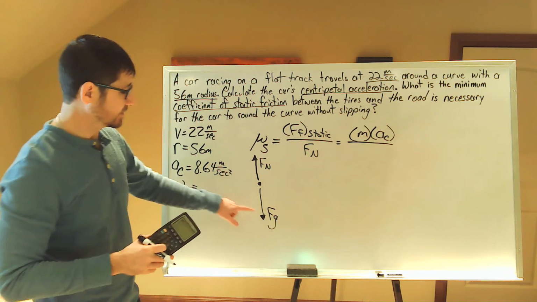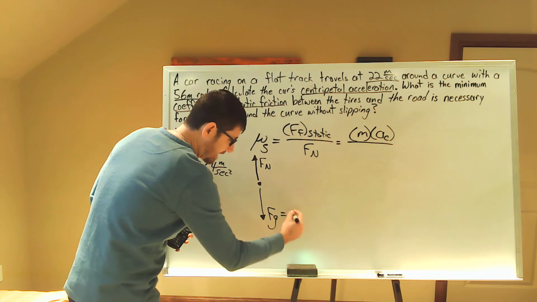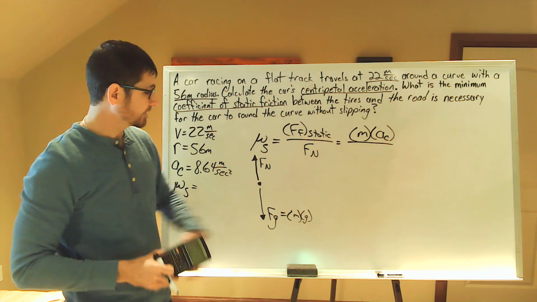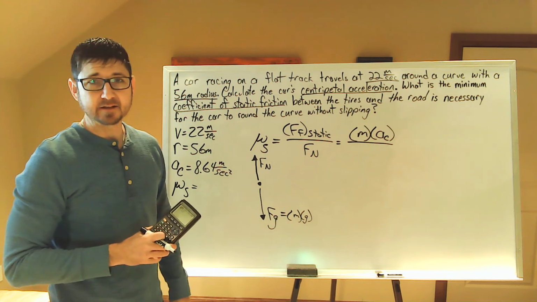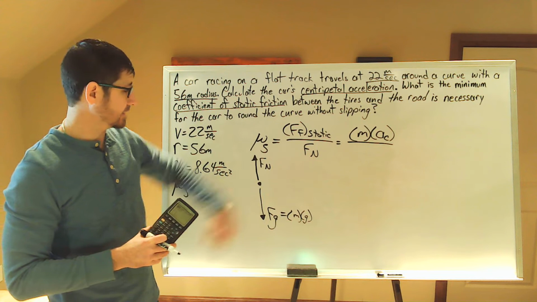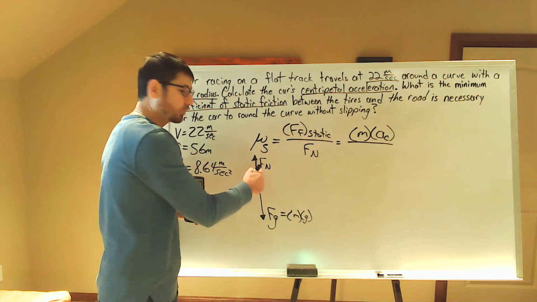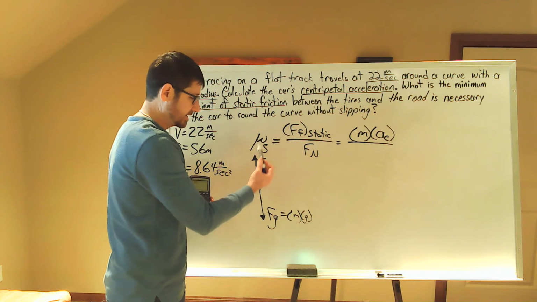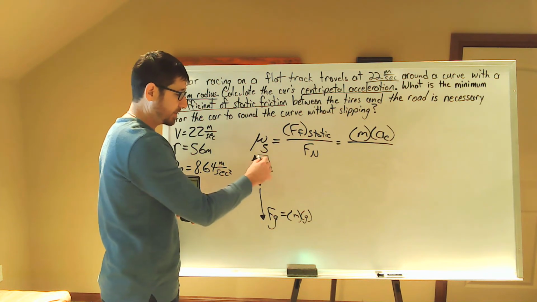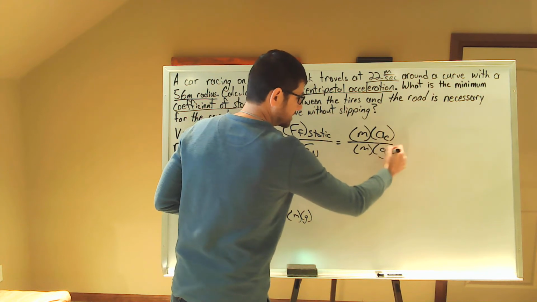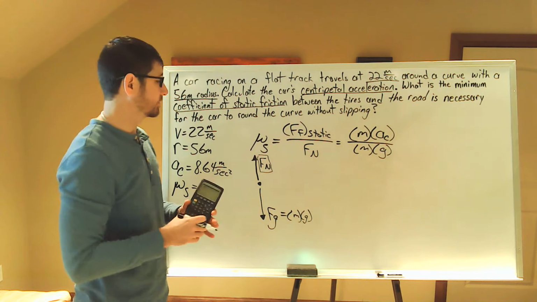We know the force of gravity is equal to mass times the acceleration due to gravity, and the value is negative for g because it's a vector pointing in the negative y direction. Normal force, though, is pointing in a positive y direction, so we know that this value will be positive. So it's mass times the acceleration due to gravity.